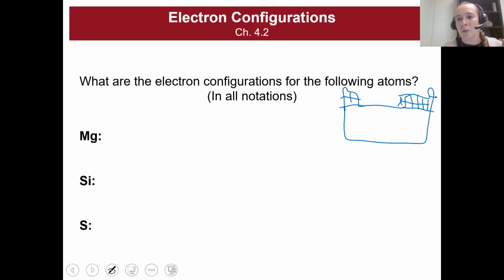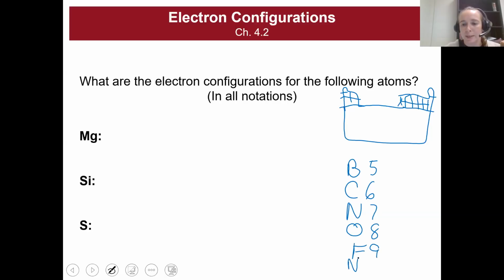All right, so hydrogen is 1, helium is 2, and then we've got lithium and beryllium, 3 and 4. Boron is 5. Carbon is 6. These are the atomic numbers that I'm counting. Nitrogen is 7. Oxygen is 8. Fluorine is 9. Neon is 10. Okay, and then what's after neon? Sodium is 11.